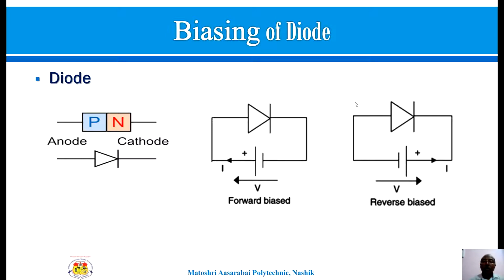When these battery connections are reversed, it becomes reverse bias, that is, the anode is connected to the negative terminal and the cathode to the positive terminal. In forward bias, the current flows very easily through the circuit, while in reverse bias the current will not flow. In reverse bias only leakage current is flowing.